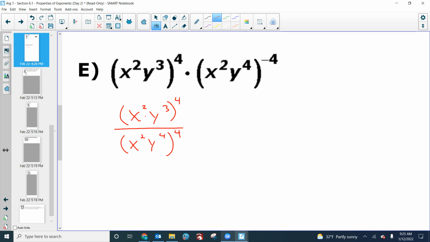Kind of, yeah. It's x squared to the fourth times y cubed to the fourth. Do you guys remember that one? I need you to be honest with me here. Do you remember that?